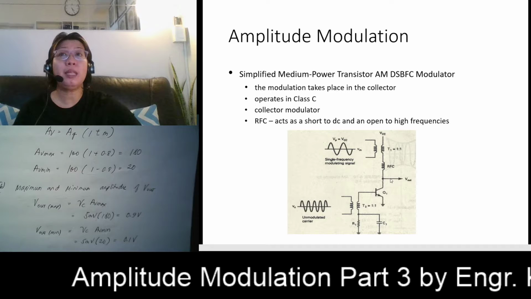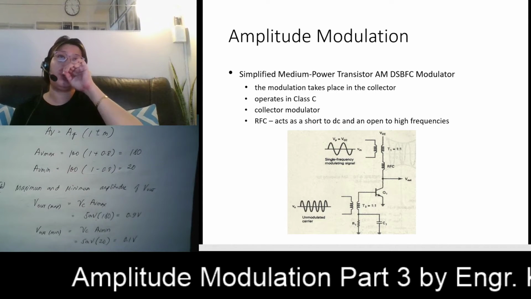Technically, to achieve high power efficiency of 80% or higher, it makes use of class C operation. Unlike our previous example, which is class A, we use class C here. Therefore, we have a higher power efficiency. So we can achieve 80% or higher.